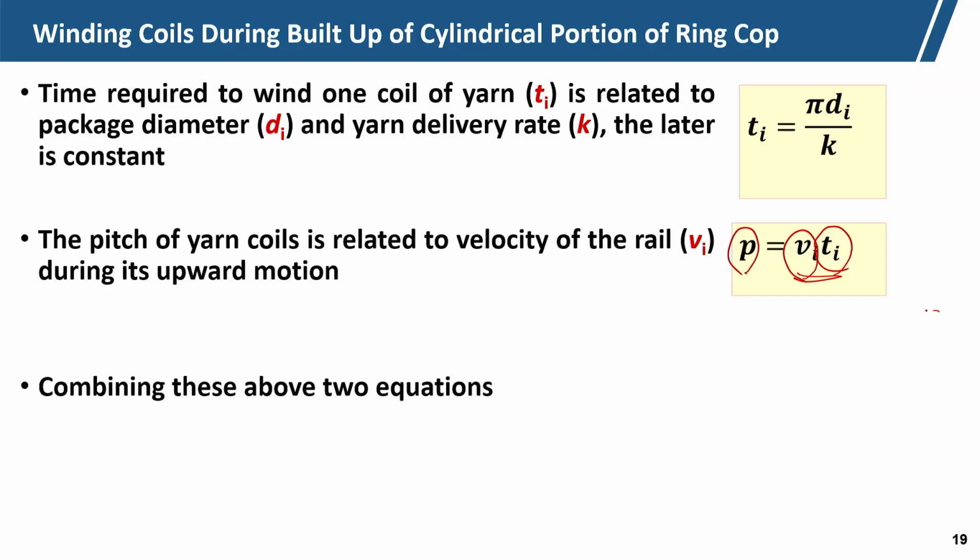So, one coil takes time t, and if the motion is V, for that time, for one coil, how much distance will the ring rail move up, so that the next coil will be placed? This distance is the pitch.